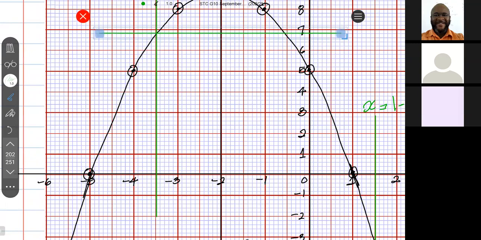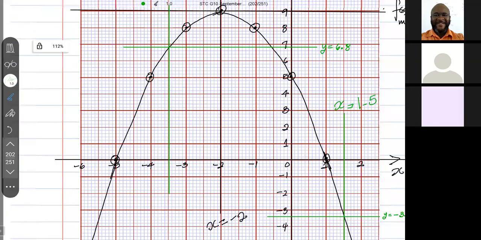This cuts the graph here where y is equal to 6.8. So we're ready to answer our questions now.